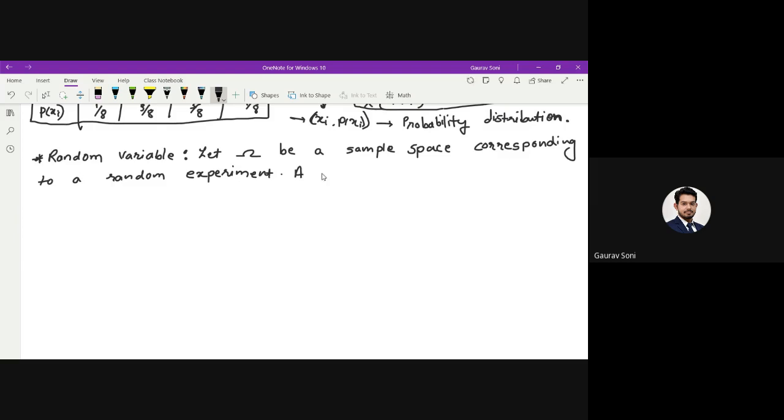A function X from sigma to the set of real numbers, where R is the real line, is called a random variable.